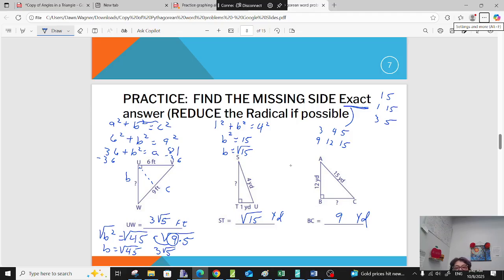Oh, you could have done it the same way as you did the others. I just mentioned that there are what's called Pythagorean theorem triples, which means that you always get whole numbers. 3, 4, 5, and all the multiples of 3, 4, 5 are triples. Just be careful that 15 is the hypotenuse and that these are legs. Well, what I noticed is this was 15, this is 12, so I put 3, 4, 5.